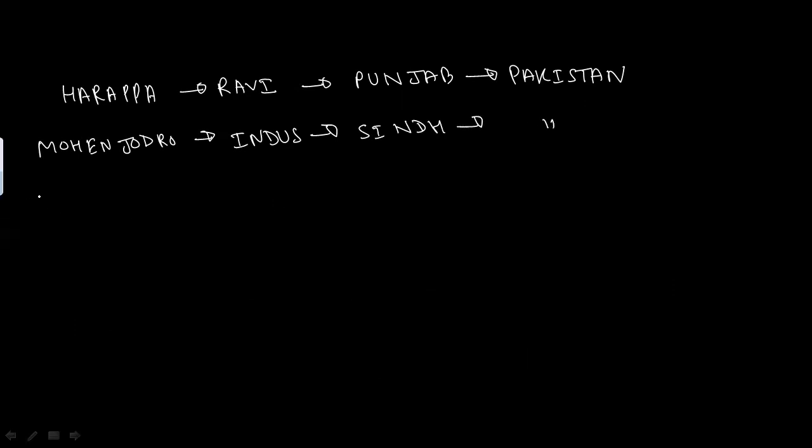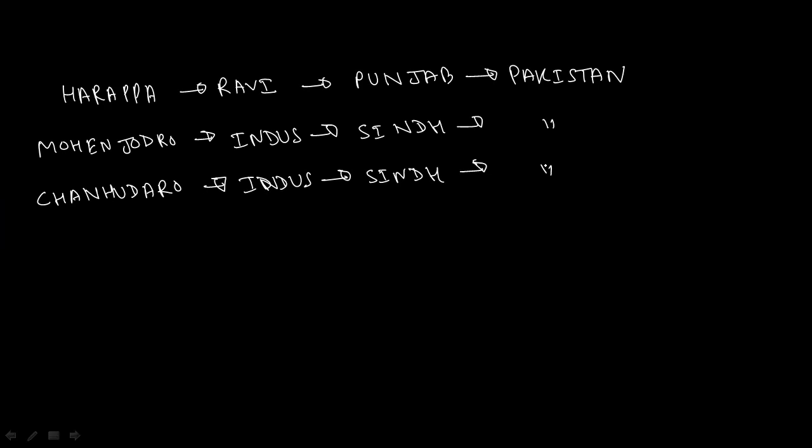Then Chanhudaro. Chanhudaro was situated on the bank of the river Indus, in Sindh province, and it was also in Pakistan.